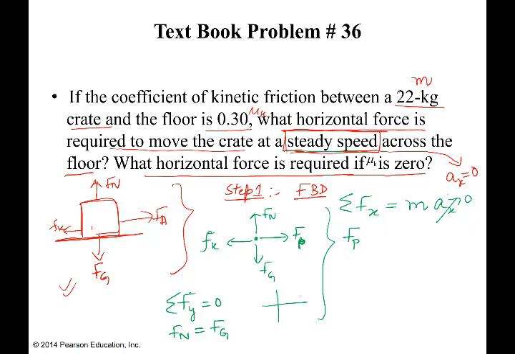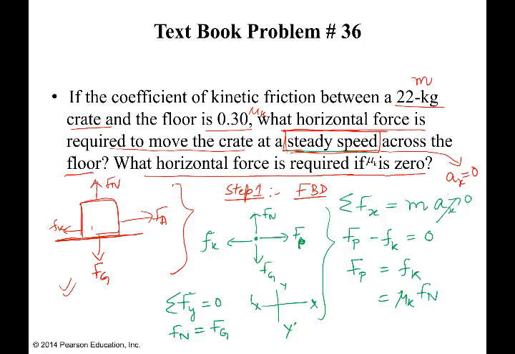We are following the xy axis rule: all forces towards the right are positive, all forces downwards are negative, all forces towards the left are negative. So Fp minus the force of friction, which is in the negative x direction, is equivalent to 0. Therefore, the force of push is equivalent to the force of friction. This will give us the value, and we know the formula of the force of kinetic friction is mu k times Fn.